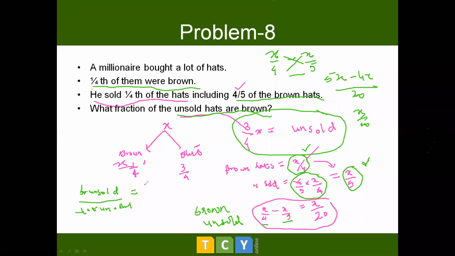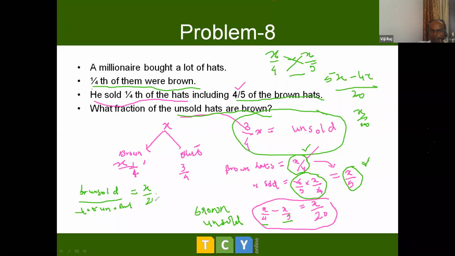Brown unsold is x by 20 divided by 3x by 4. So what do we get? X by 20 multiplied by 4 over 3x.